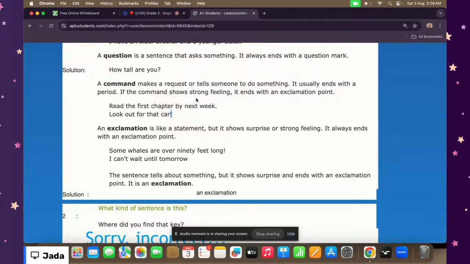For example, if you run out and say, shut the door right now, you're making a command and showing a strong feeling, like your expression is very hard. Probably you're angry, so it shows a very strong feeling, and that's why it ends with an exclamation point.